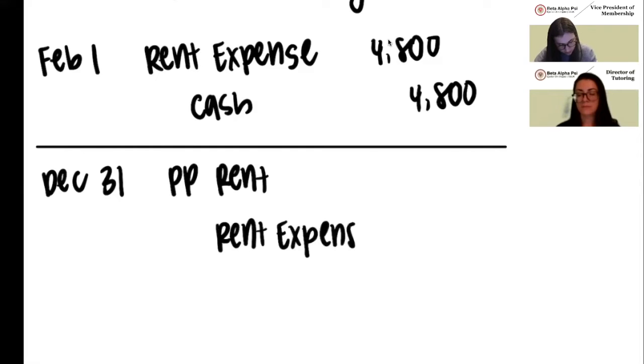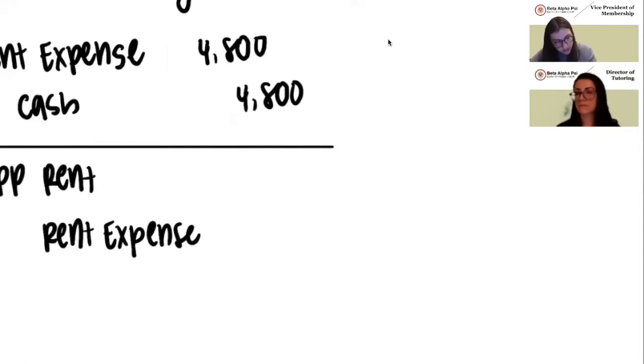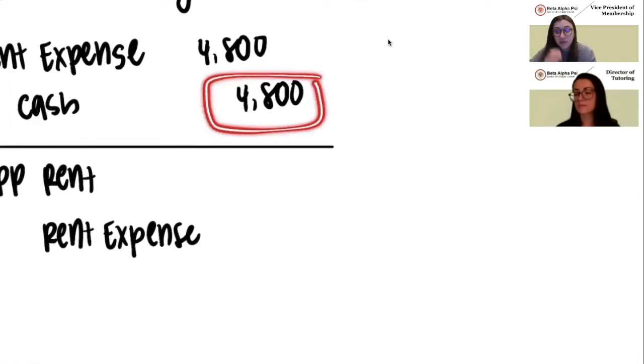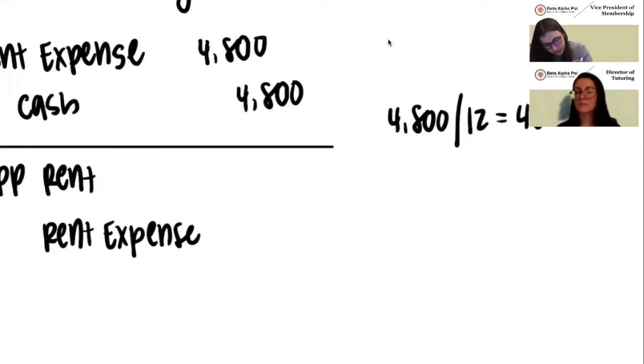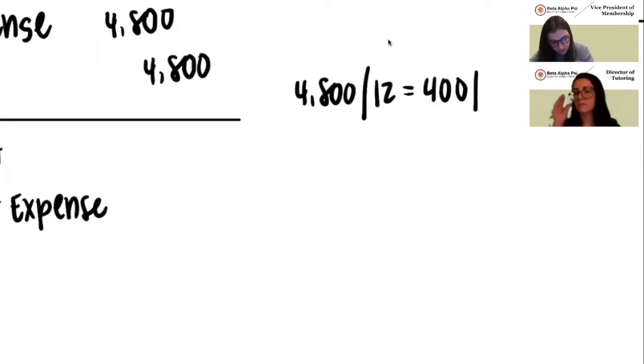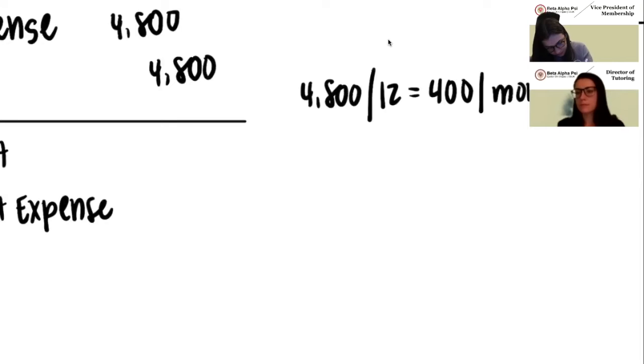And let's figure out what that number is. If they paid $4,800 for 1 year's worth of rent, we're going to divide that number by 12 to see how much it would be each month. And we can say that that's $400 per month.